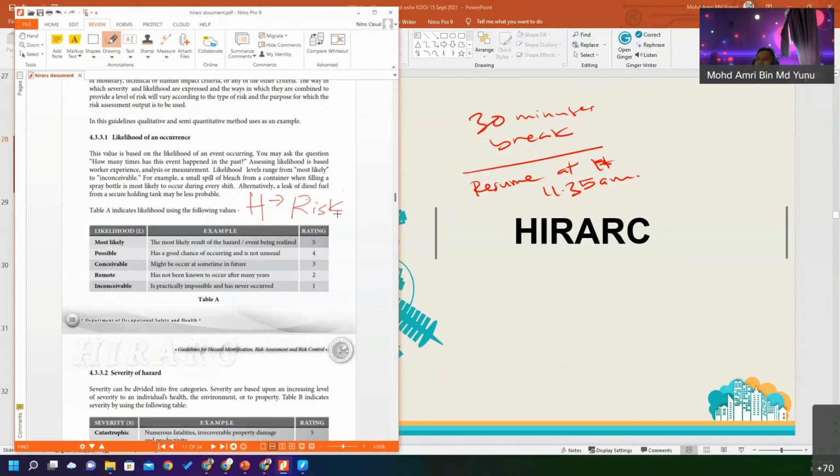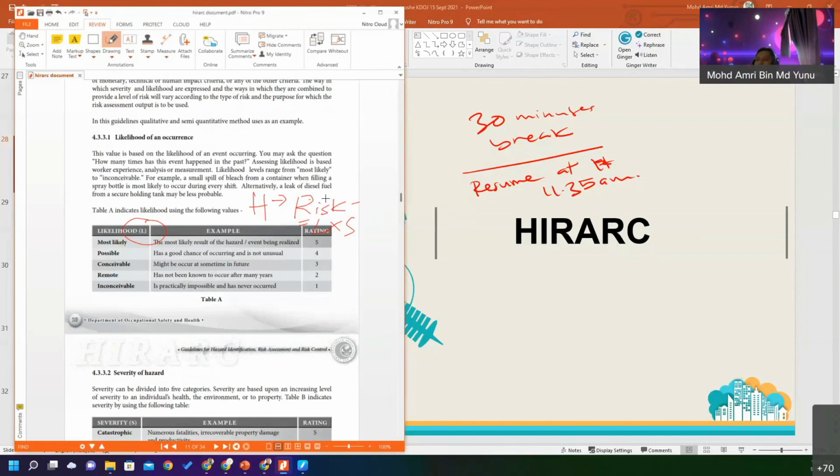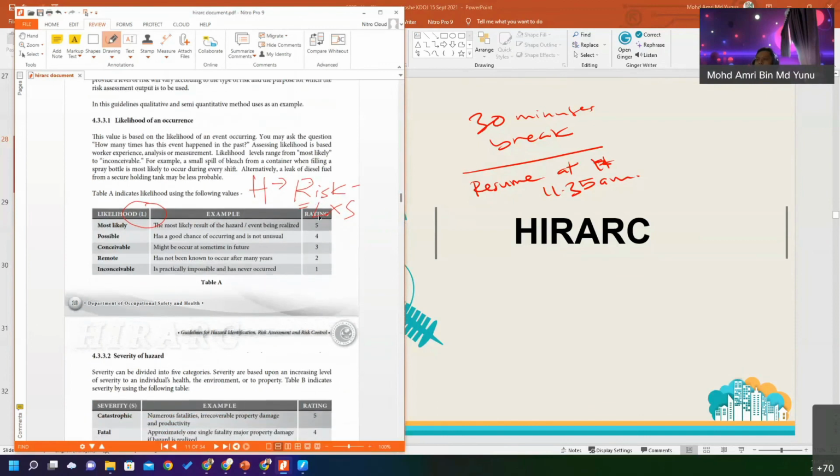Risk. And there are two components in the risk, which is likeliness, L, or likelihood, multiplied with severity. And likeliness or likelihood, so we indicate using the following value.